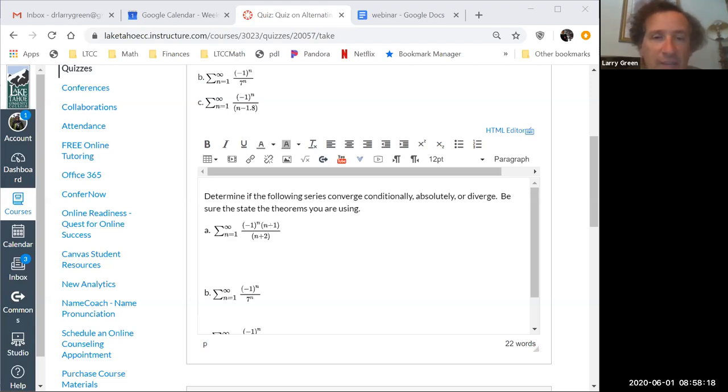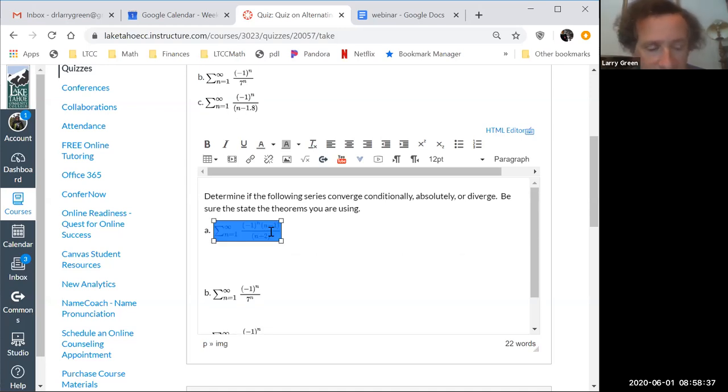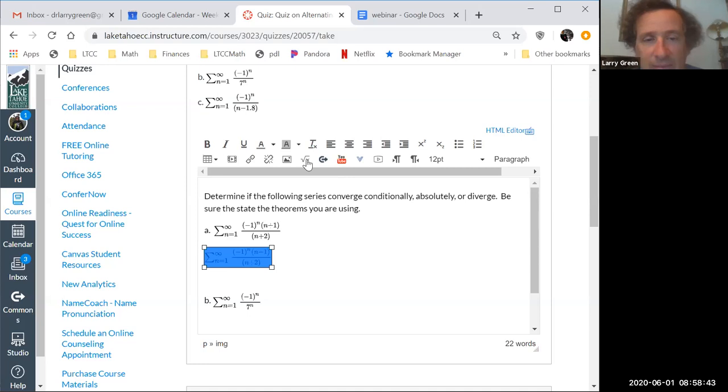Okay, so if we think it might diverge, and we look at it and the limit doesn't seem to go to 0, then let's take a look at the divergence test. So let's take a limit. The easiest is to copy and paste it in, and then play around, turn it into a limit.